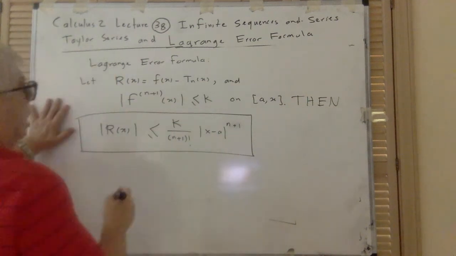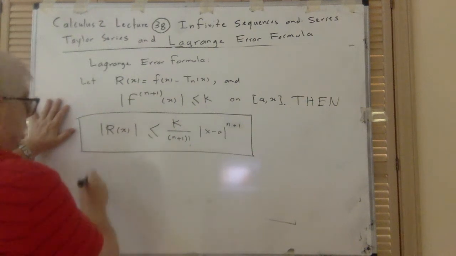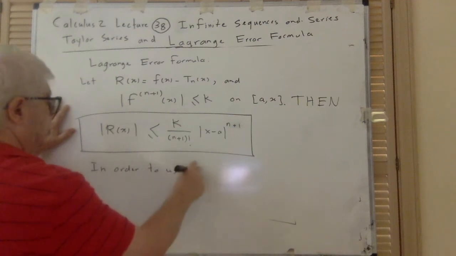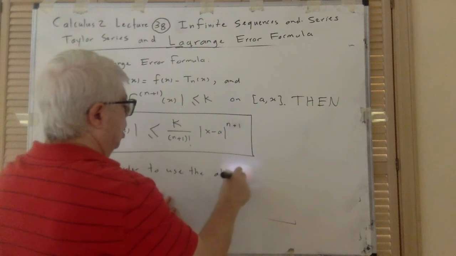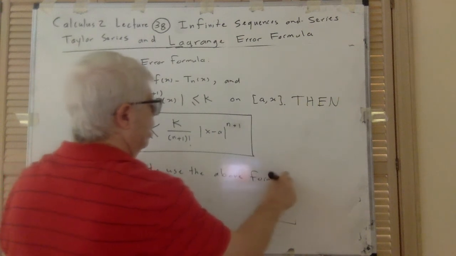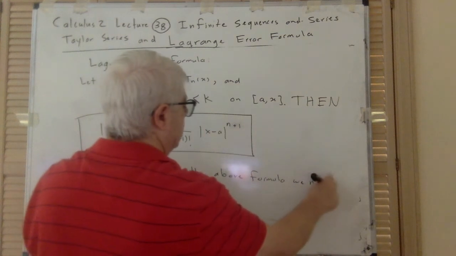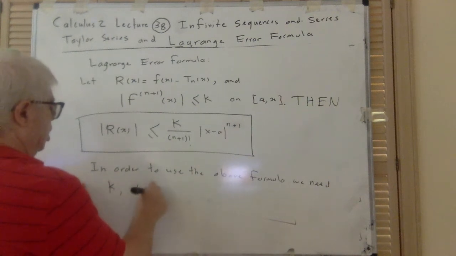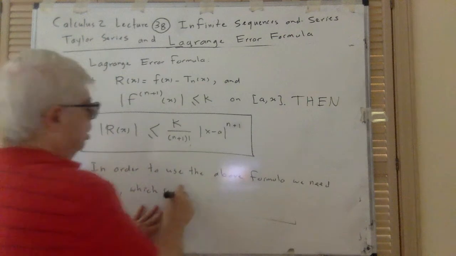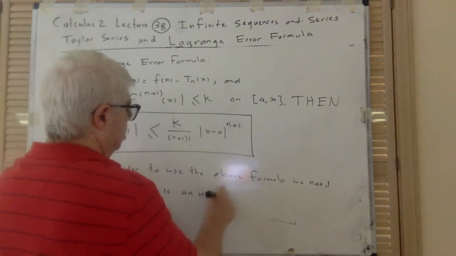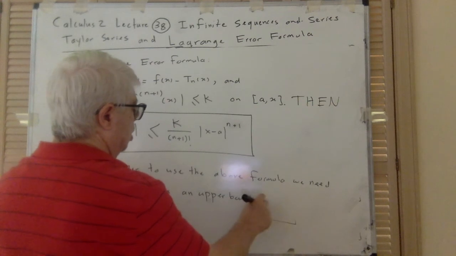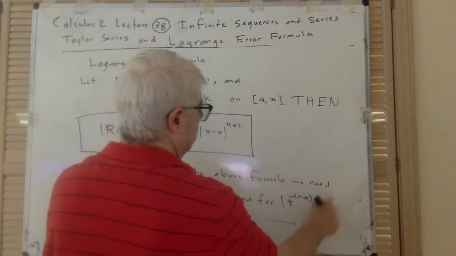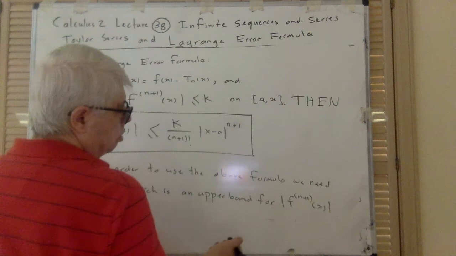So in order to use the above formula, we need k, which is an upper bound for the absolute value of f^(n+1)(x) on this interval from a to x.